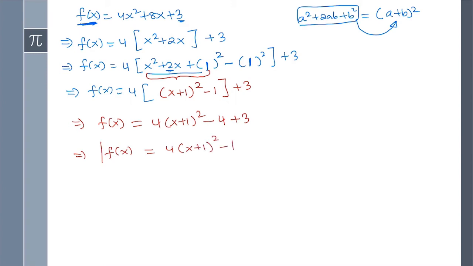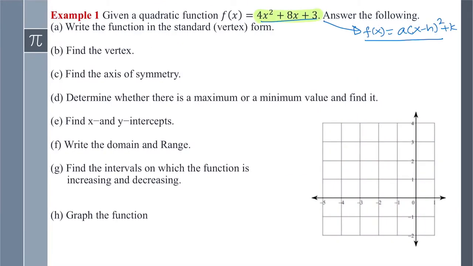So this is in the standard form, or the vertex form. We are going to write that in our previous slide. So the function in the standard form is f of x equals 4 times (x plus 1) squared minus 1.